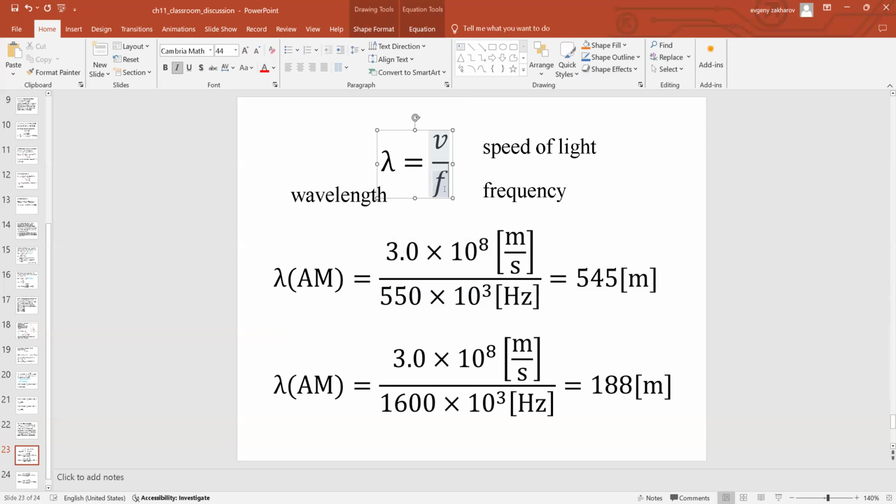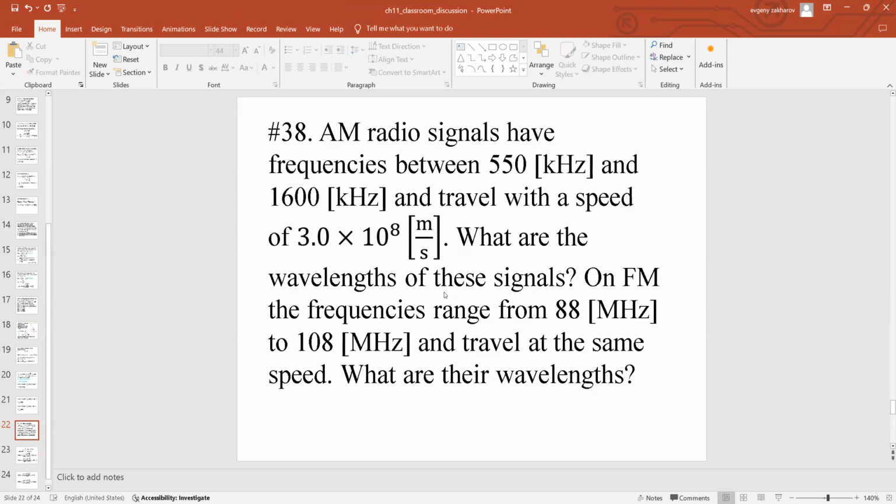So based on this frequency and the value for the speed of light, because radio waves are electromagnetic waves and they travel at the speed of light, you can calculate the wavelength of a radio wave of your favorite radio station. So let's do that.